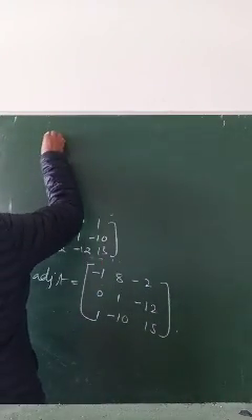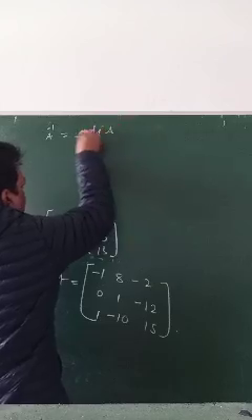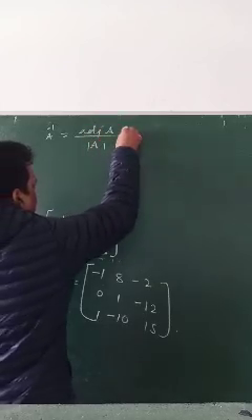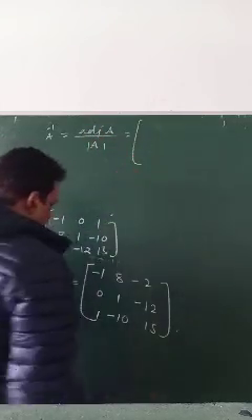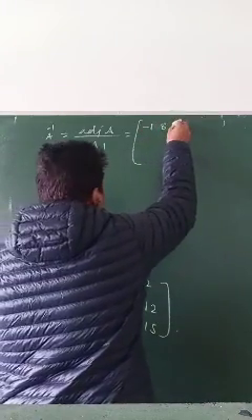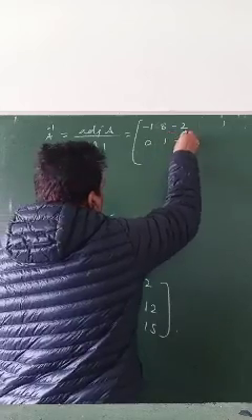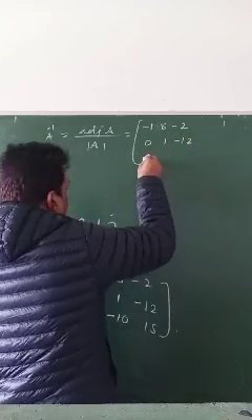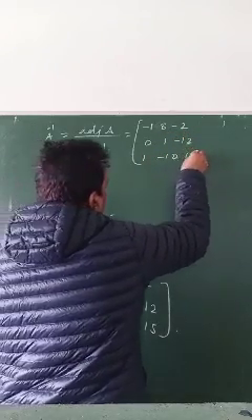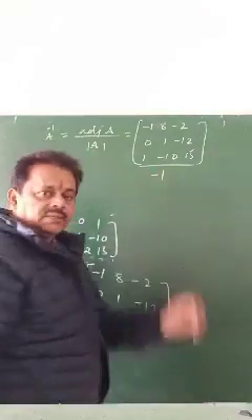A inverse is the adjoint of A by the determinant of A: -1, 8, -2, 0, 1, minus 12, 1, minus 10, 15 divided by, I think I got it wrong, -1.